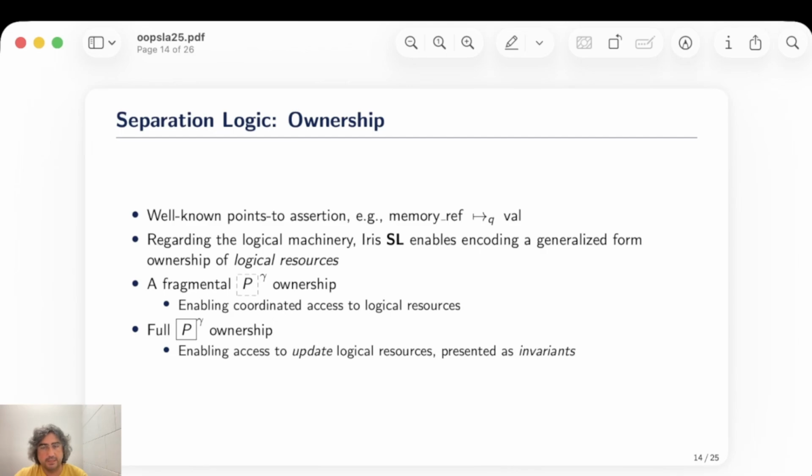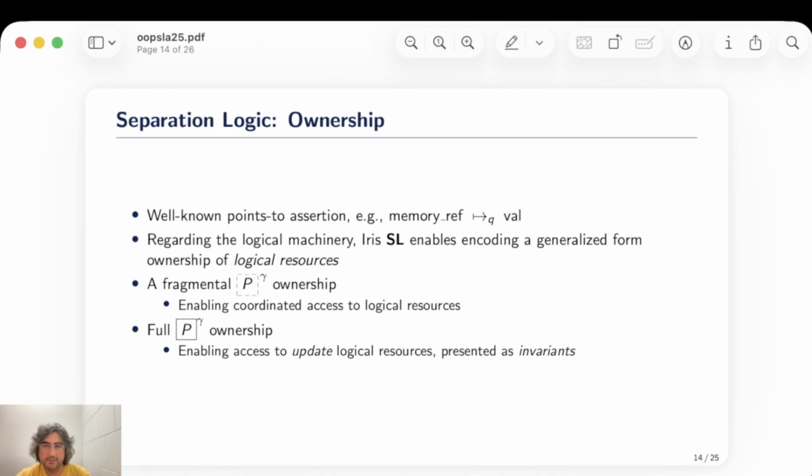Most importantly, the most crucial one in our context is called the points-to assertion, or named ownership assertion, like a memory reference pointing to a value, like a heap value. We can think of these as logical tokens to an underlying physical resource.